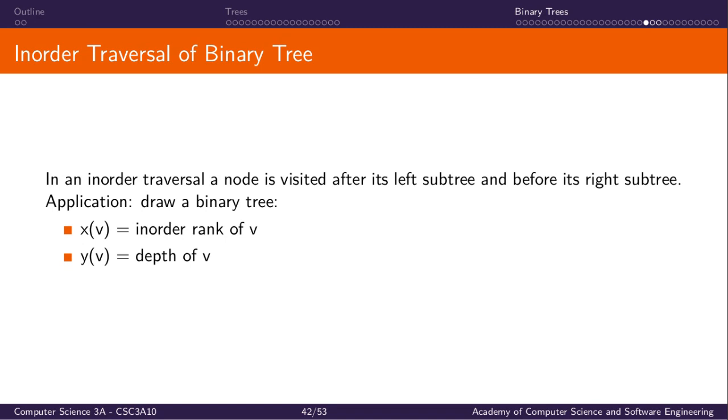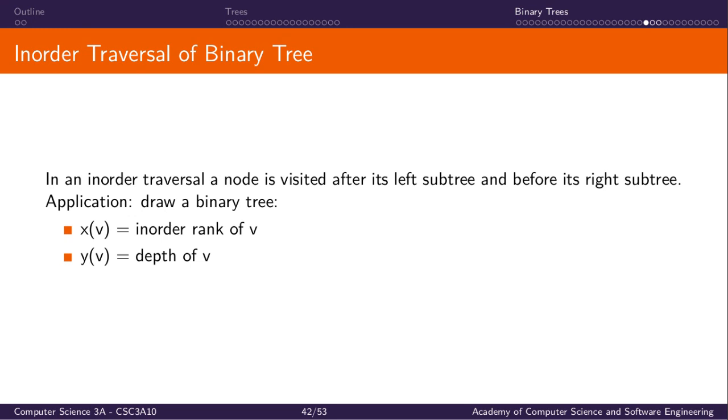If we want to draw a binary tree, we can use this particular order to figure out where on the x-axis our particular node should be located. However, the y-axis will be determined by its depth, and that makes sense. Remember, our root node has a depth of 0.